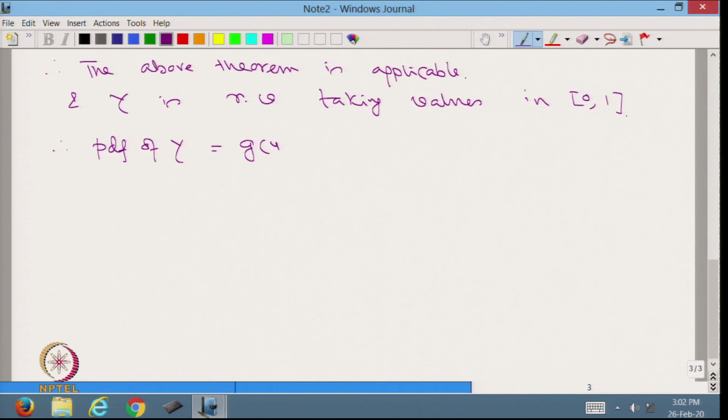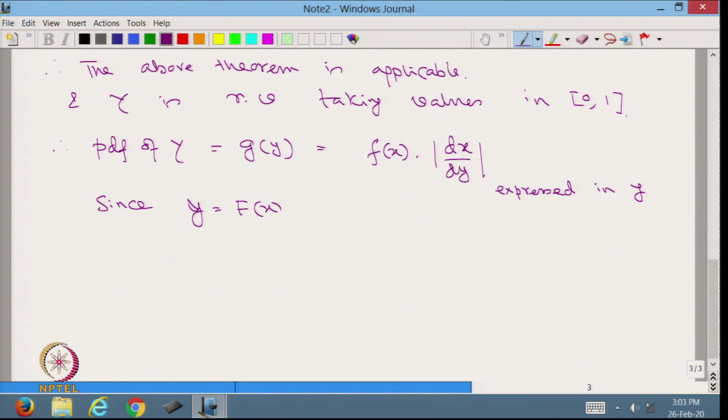is equal to g y is equal to, by the above theorem, f x into modulus of dx dy expressed in y. But we do not do that, we write it as follows. Since y is equal to F x, x is equal to F inverse of y. Therefore, modulus of dx dy is equal to 1 upon modulus of dy dx is equal to 1 upon f x.